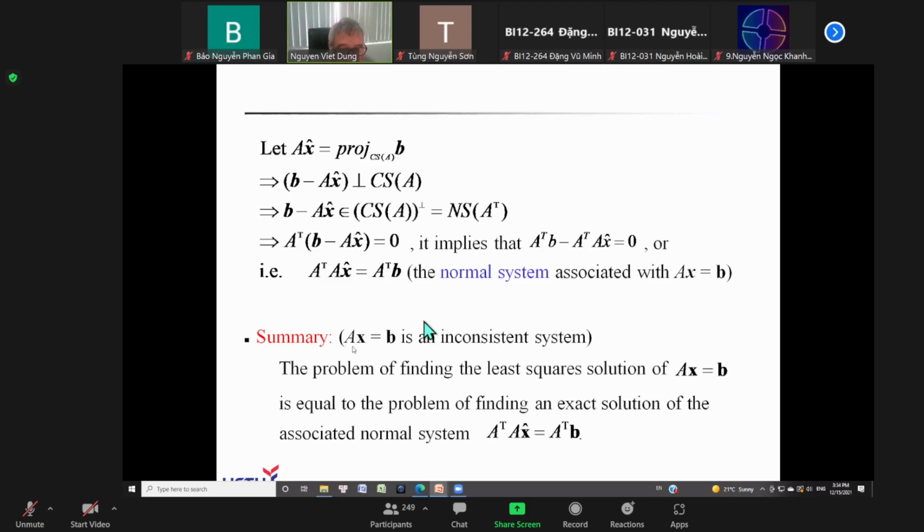First, we are given a system AX equals B, and we know the system is inconsistent. So the problem of finding the least squares solution means we need to find X hat satisfying the associated normal system.